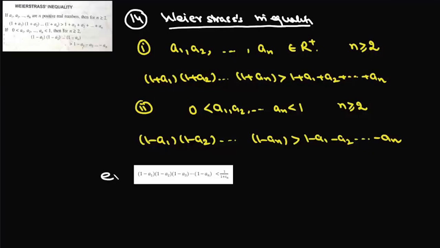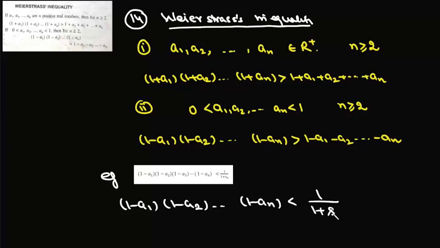Now let us take up an example, and it says we have to prove that (1 minus a1) into (1 minus a2) up to (1 minus an) is less than 1 upon (1 plus Sn), where Sn is the sum of all these numbers a1 plus a2 up to an, where each ai lies between 0 and 1.